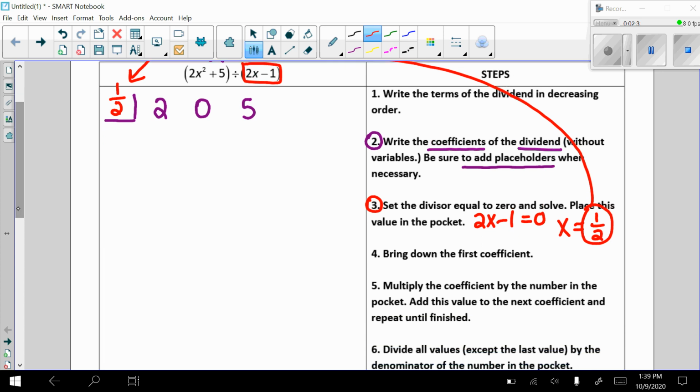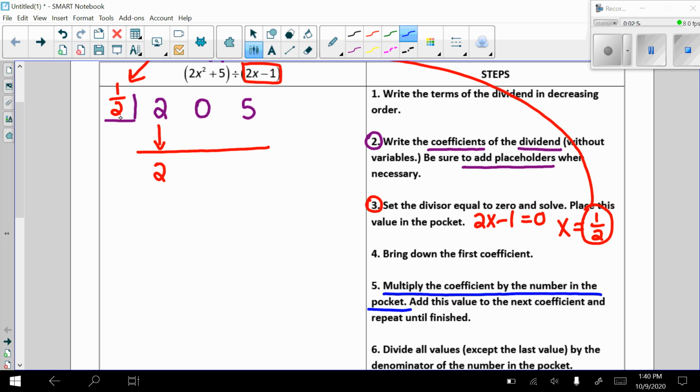Now we can go ahead and start to actually do some work here. So what we do is, no matter what, we bring down the first coefficient, which is just a 2. And now what we're going to do is multiply the coefficient by the number in the pocket.